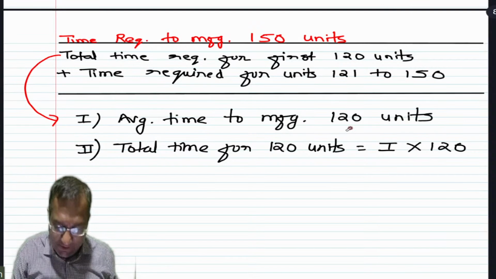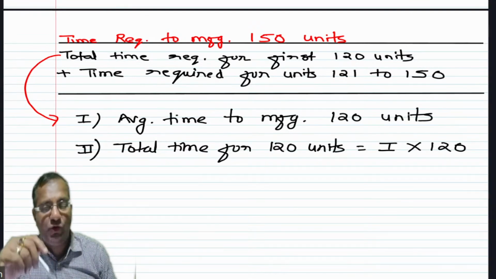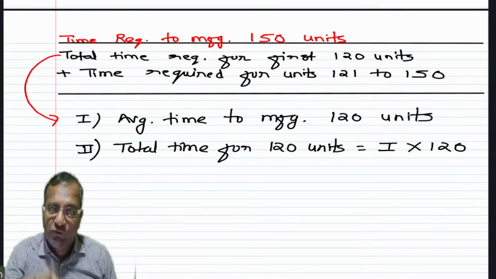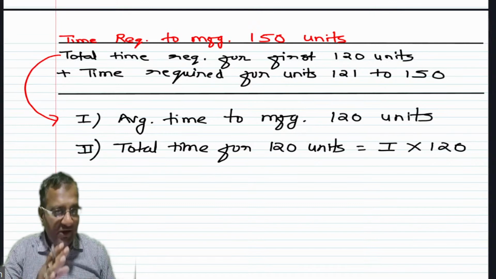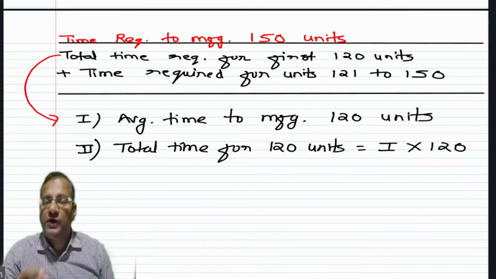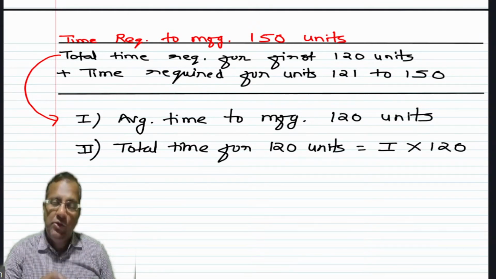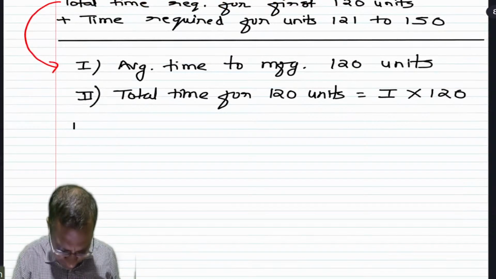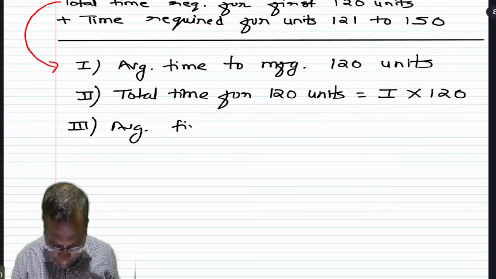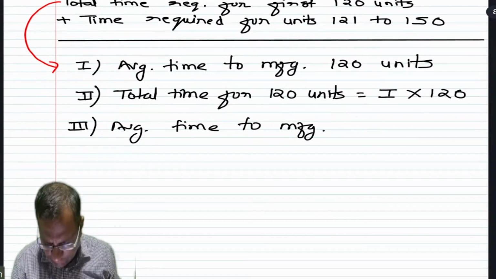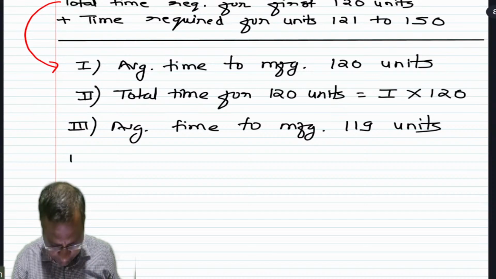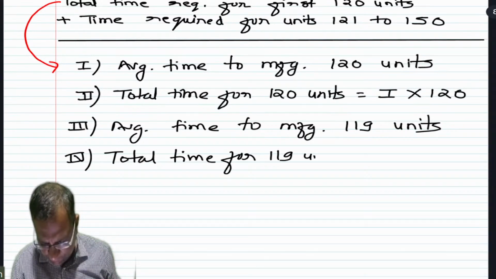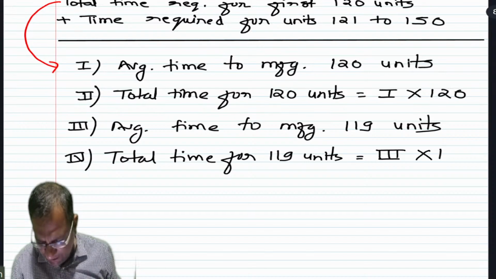तो हमने फर्स्ट स्टेप में निकाला है टाइम टेकन टू मैन्युफैक्चर 120 यूनिट। हमारा टारगेट रहेगा वी हैव टू फाइंड आउट टाइम टेकन टू मैन्युफैक्चर यूनिट नंबर 120, because whatever time unit number 120 has taken and learning stage complete at that particular point, now for further unit the time taken by unit number 120 will be the time taken for any unit subsequently produced, है ना। तो स्टेप नंबर 3 में अब हम ये निकालेंगे एवरेज टाइम टू मैन्युफैक्चर 119 यूनिट्स। Again, total time for 119 units is equal to step number 3 multiply by 119 units.